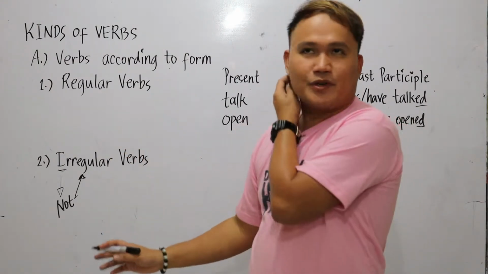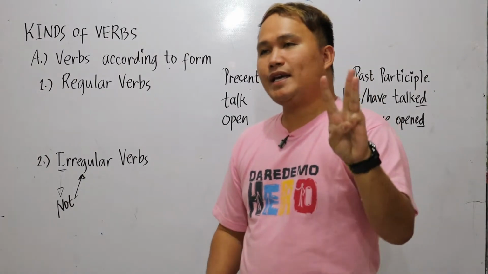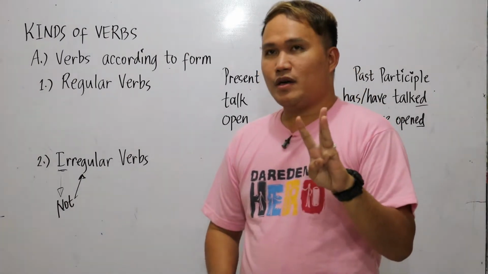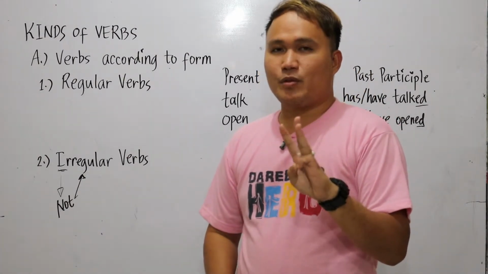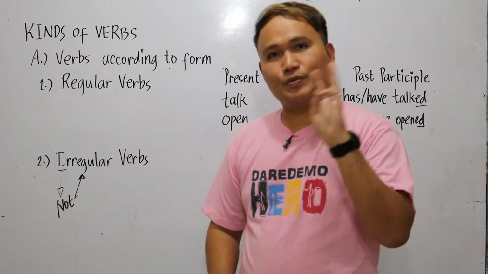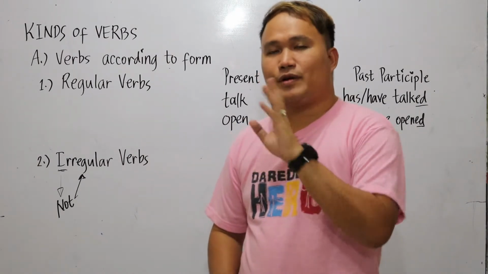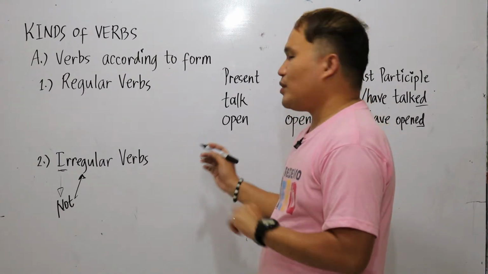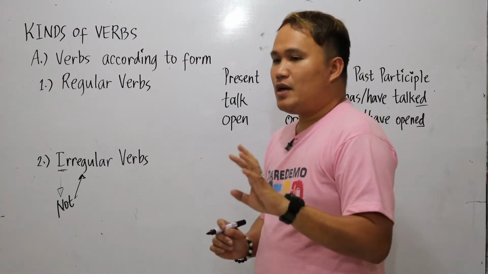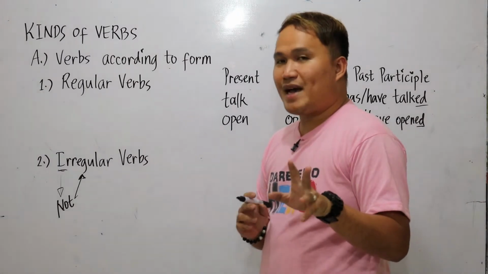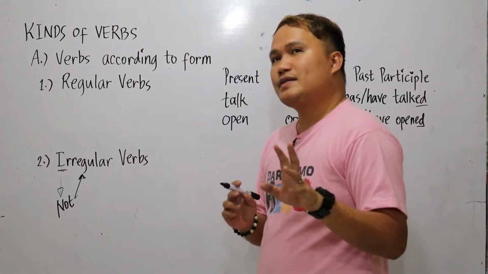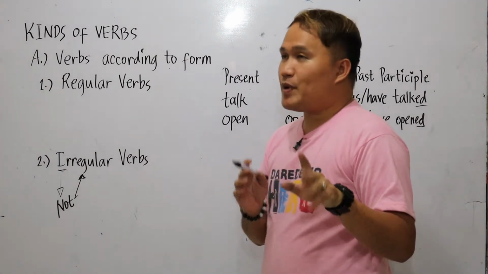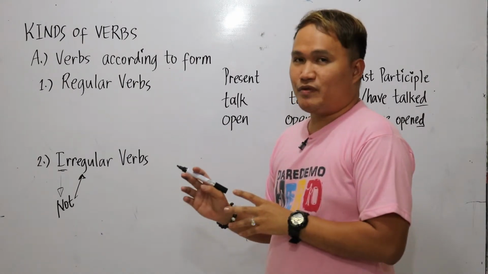Now for irregular verbs, there are actually three ways in transforming the simple form, the main form of the verb, to past tense or past participle tense of the verb. So let's have, for example, the first one: the spelling of the past form of the verb is the same with the past participle form.